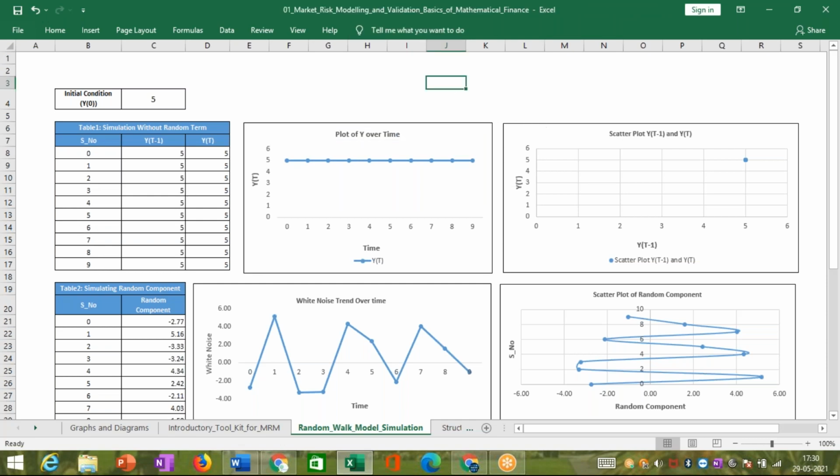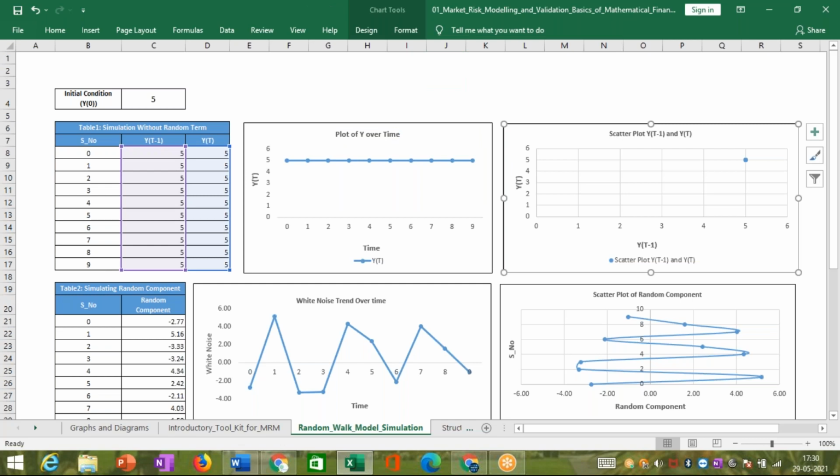Now in this next part, what I have is the scatter plot. In the scatter plot, what have I done? I have just seen how y_t and y_(t-1) evolve with each other. Now, when I look into this, if I do a scatter plot, I see one point of equilibrium.